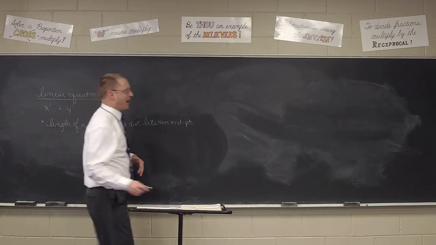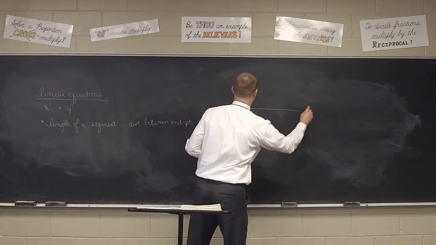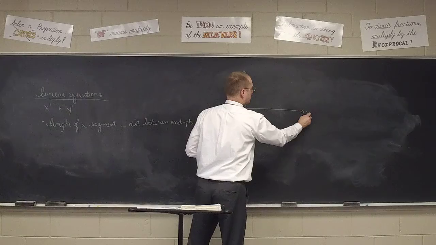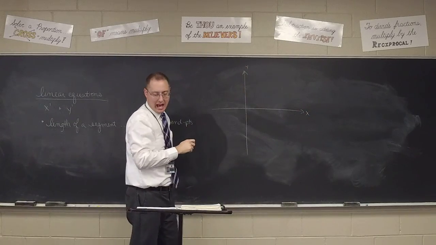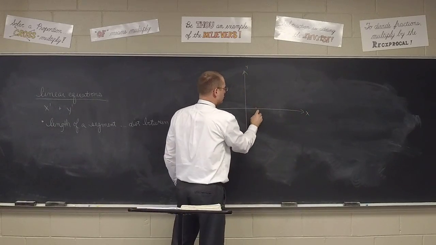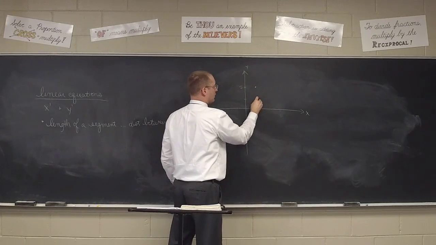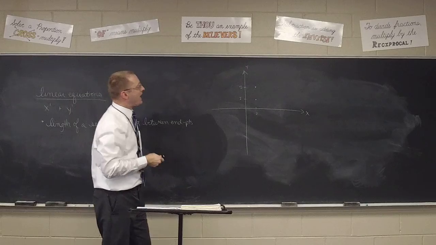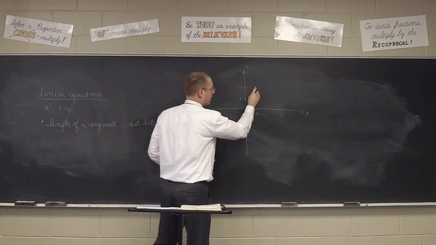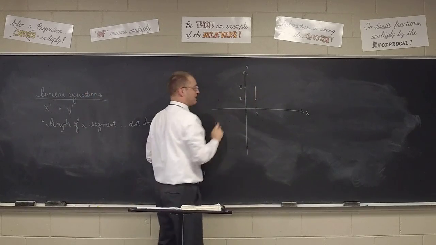Now, I want you to imagine for just a moment, and for sake of time, we'll just do a quick sketch Cartesian plane here. Let's suppose we had the point (2, 5), and we had the point (2, 2). And I wanted to measure the length of this segment.